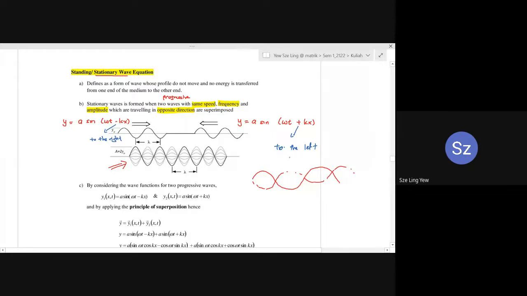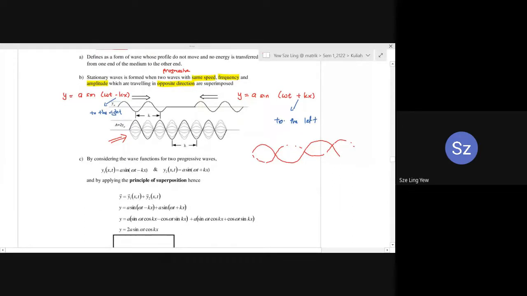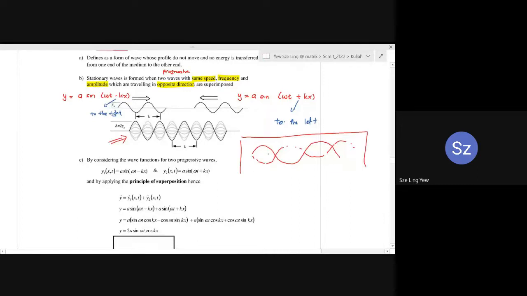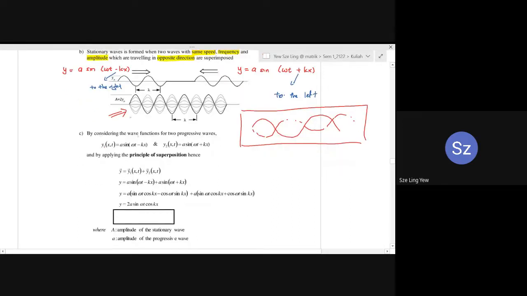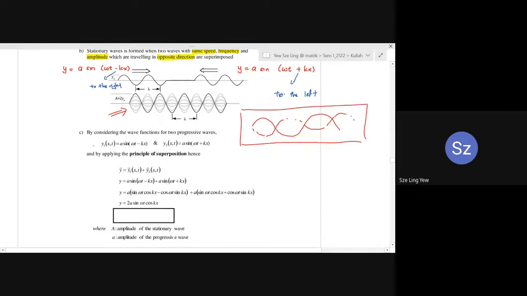So this is what you're going to get if you have two progressive waves overlapping with each other. Try to watch the video, you will see the graph looks like this. By considering the wave functions for two progressive waves, as I show you in the diagram, you have one negative and one positive.